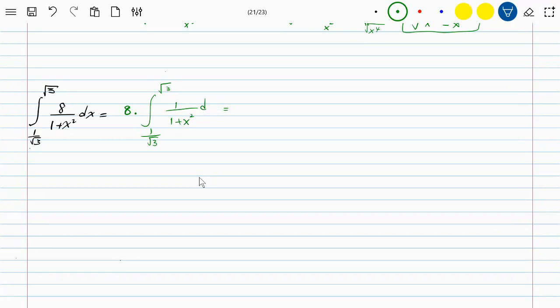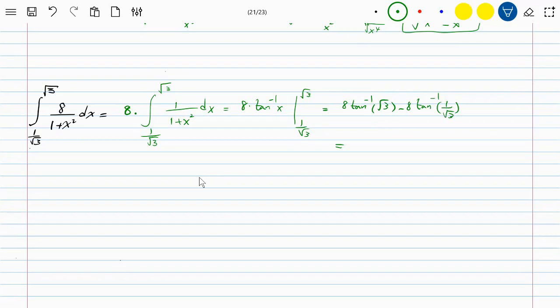If it's this easy, then you can simply say, okay, this is 8 times tan inverse, the antiderivative, evaluated from 1 over root 3 to root 3. And if you calculate that, 8 tan inverse of root 3 minus 8 tan inverse of 1 over root 3.